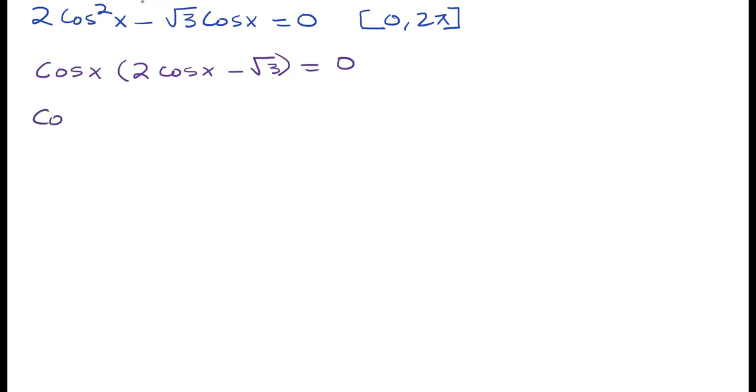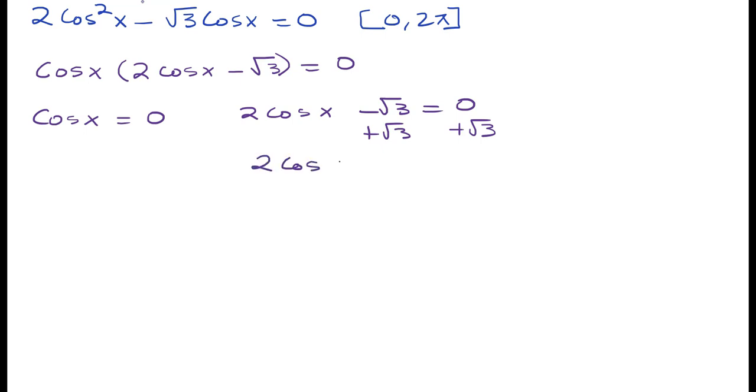So now we have cosine x equal to 0, and 2 cosine x minus square root of 3 equal to 0. Let's add square root of 3 to both sides. So 2 cosine x is square root of 3. We divide both sides by 2. So we have cosine x is the square root of 3 over 2.